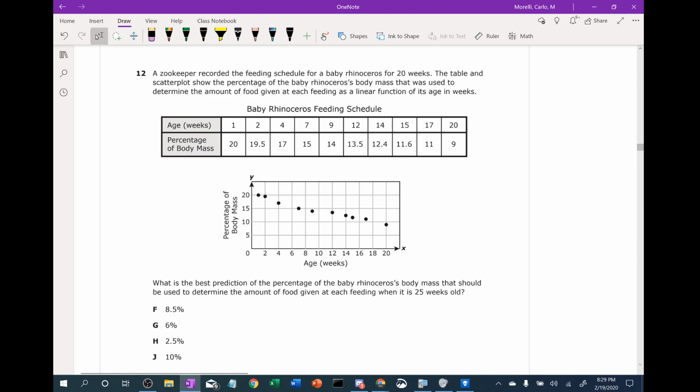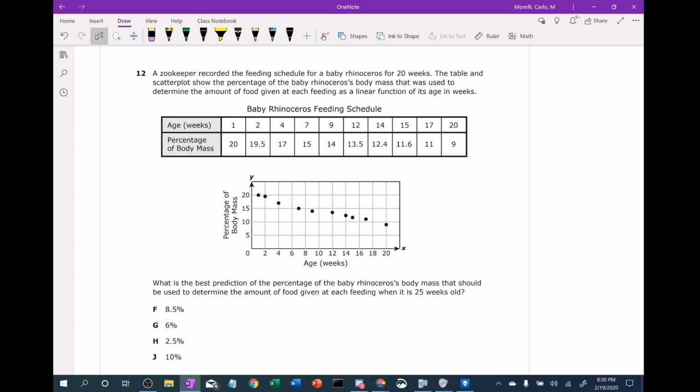Okay. So this one, as you can see, it's not a perfectly straight line. They want to know what percent it will be at 25 weeks.